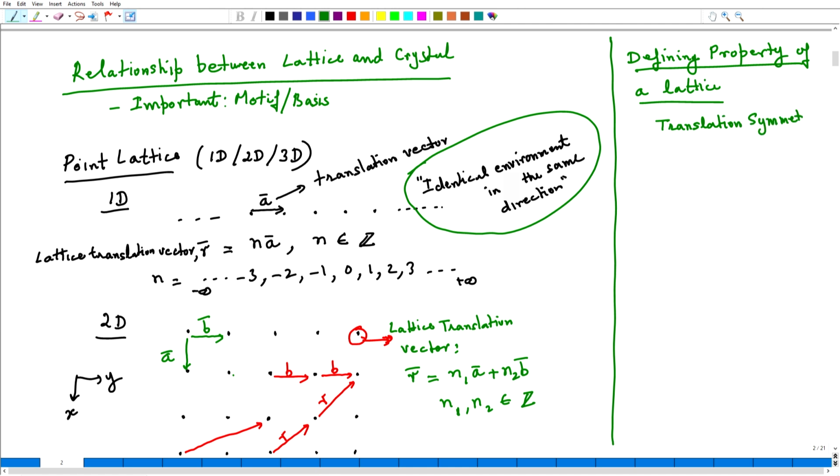If an arrangement of points does not have this translation symmetry, then it cannot be called a lattice from a crystallographic point of view. So, I think it will be useful if we take one example, which is an orderly arrangement of points, but is not a lattice. Let us consider that.